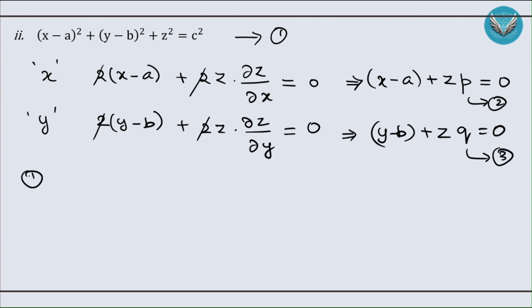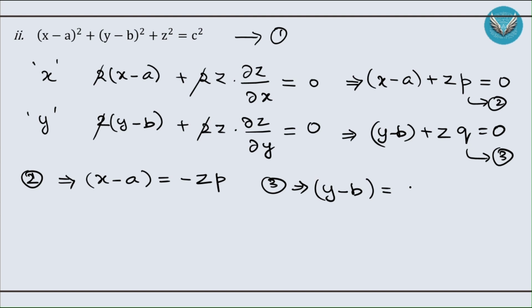Now from equation number 2, x minus a can be written as minus z into p. Similarly, from equation number 3, we have y minus b is equal to minus z into q. Now we are substituting both the terms, x minus a and y minus b, in equation 1.